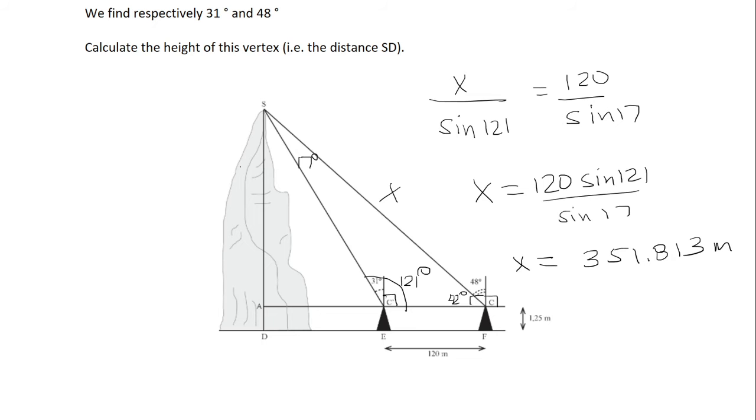So next I'm going to solve for SA. So this is a right triangle, perpendicular. So I know the angle, I know the hypotenuse, I can figure out the opposite side. So I'm going to use sine for that. It's going to be sine of 42 degrees is equal to the opposite, I'll call it y, over hypotenuse, which is what I just calculated.